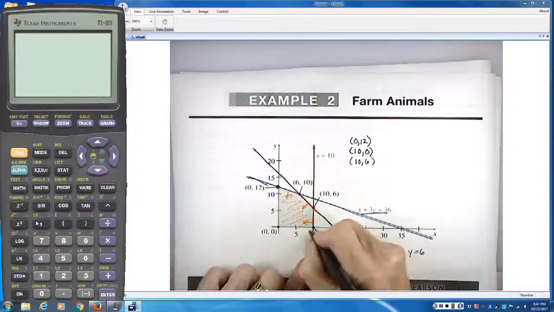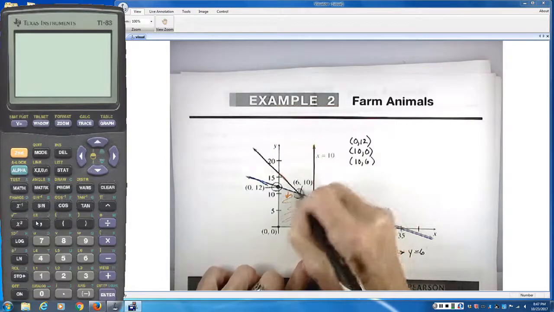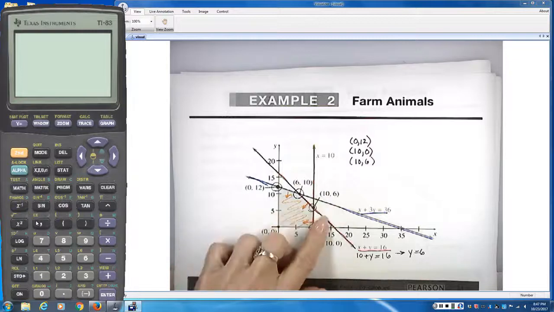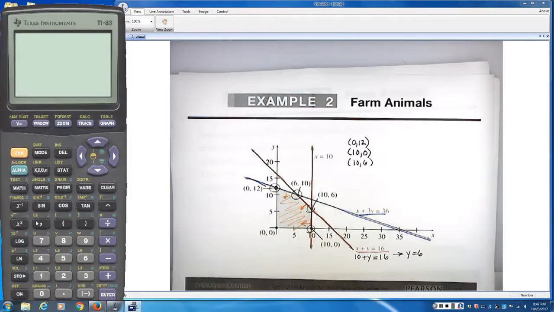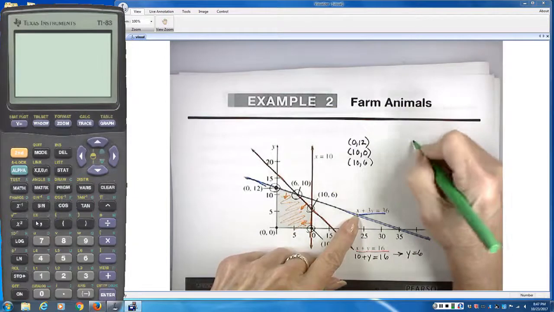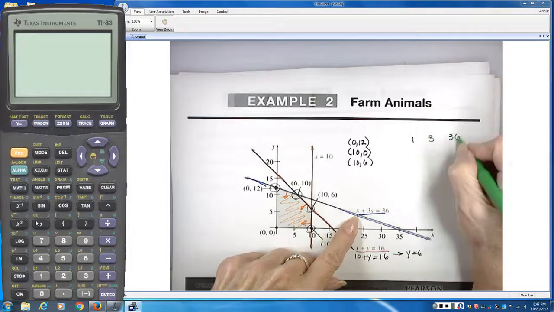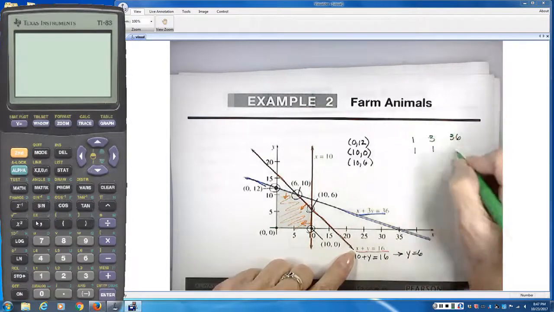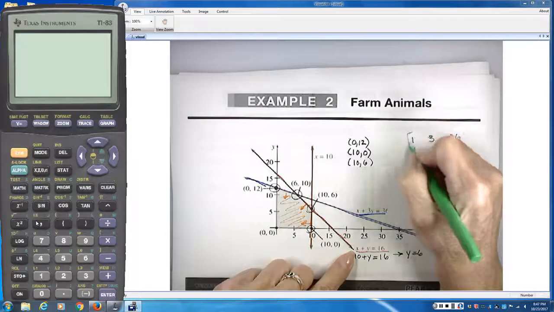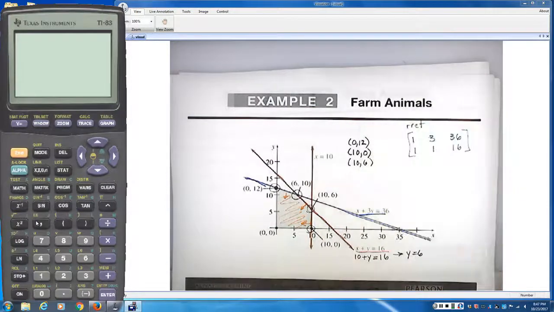So that's got this corner point, this corner point, this corner point. Now we need to find this one, which means we need to solve the system of equations for these two. So we've got x plus 3y equals 36. x plus y equals 16. And we'll do the RREF for that.